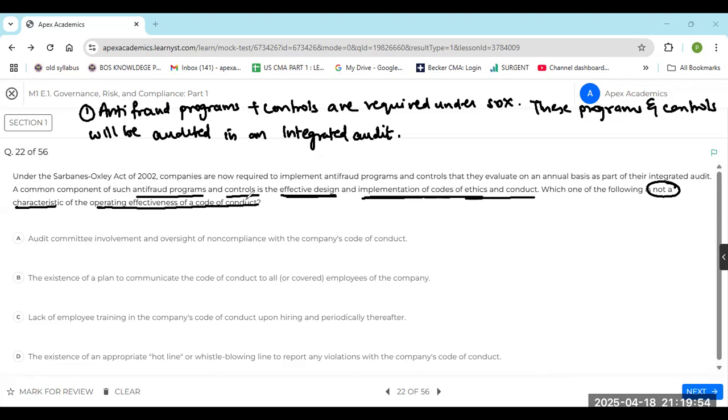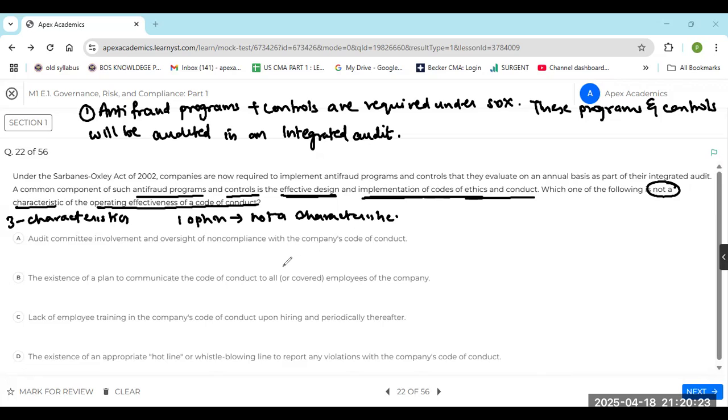Three are characteristics of operating effectiveness, and one option is not a characteristic. Please try to understand that. The audit committee's involvement and oversight of non-compliance with the company's code of conduct.